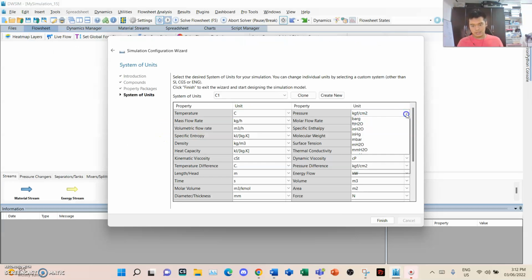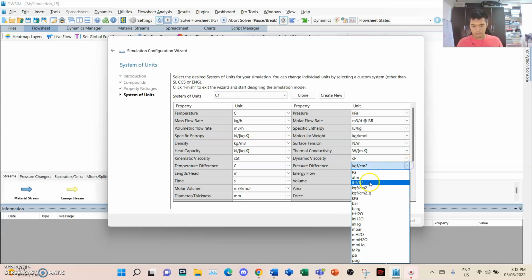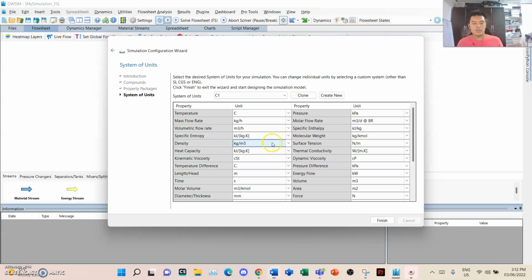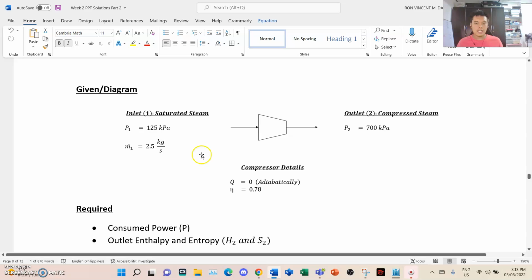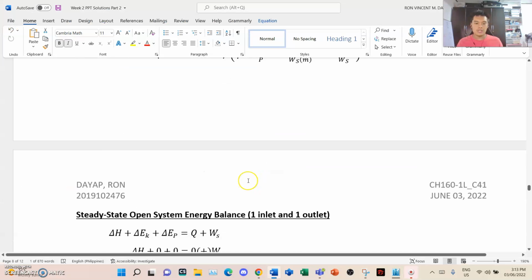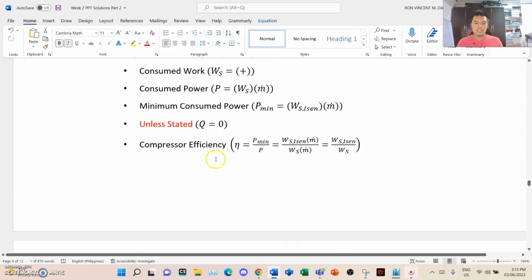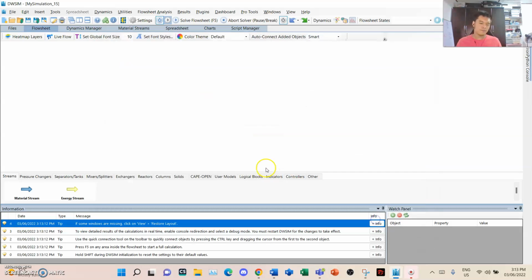Pressure is kPa, and the pressure difference is also kPa with respect to it. Then the mass flow rate is kilogram per second. Then lastly, the temperature is Celsius. Since the steam table at SVA is at Celsius, we will also input it as Celsius. Finish.